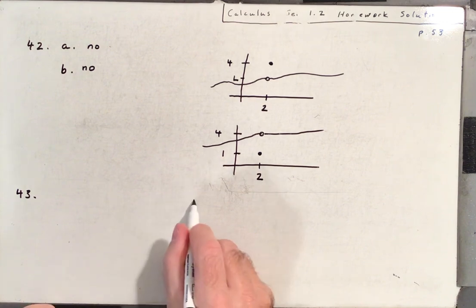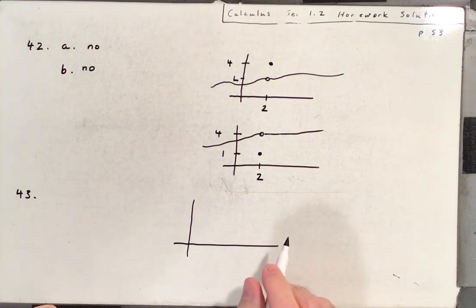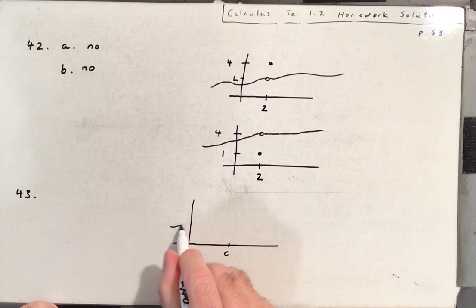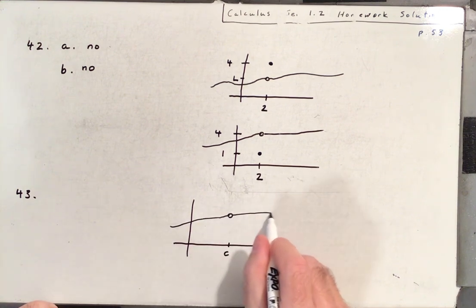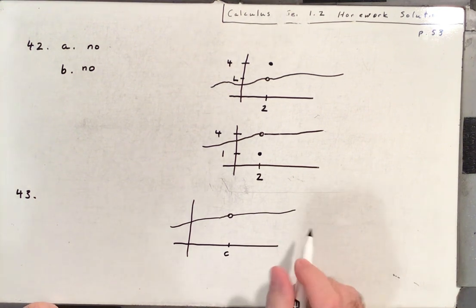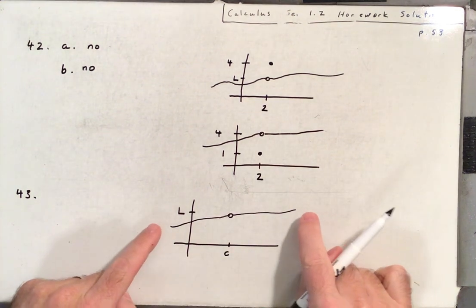Let's draw this out. So it says undefined at x equals c. So let's say this is c. Well, let's say we have a function that has a hole right there. In this particular case, does the limit exist at c?